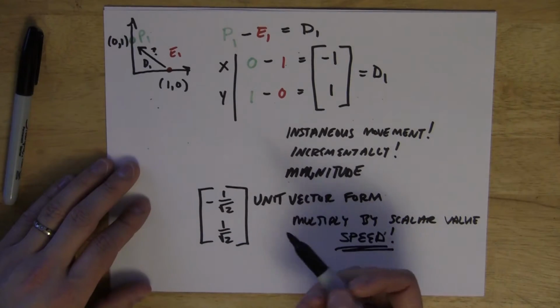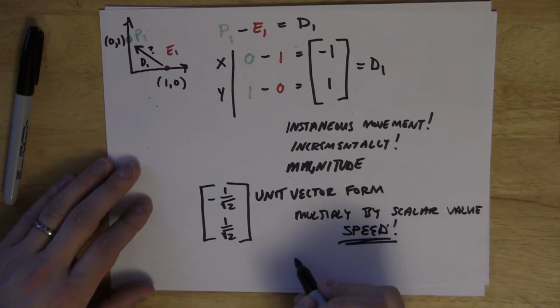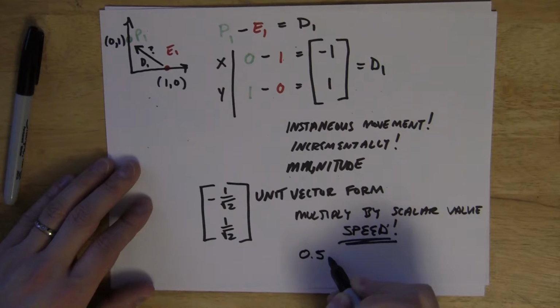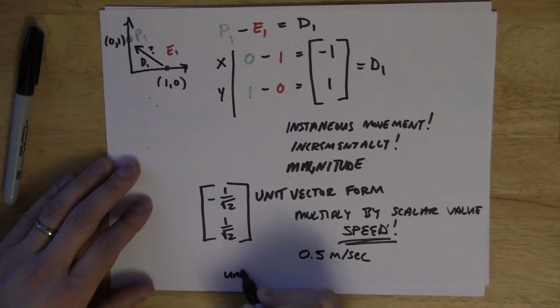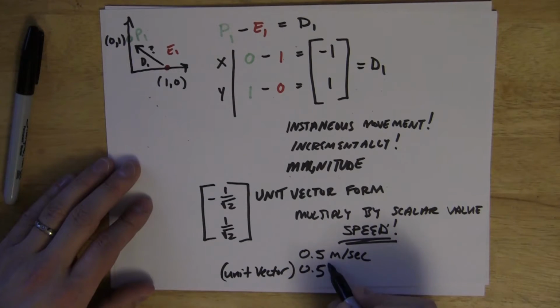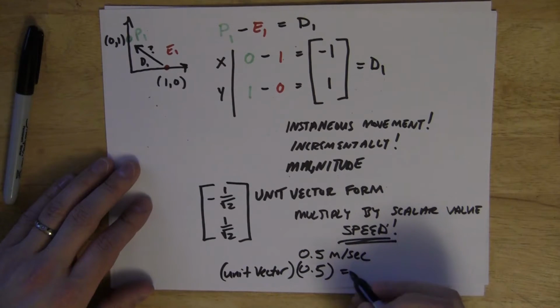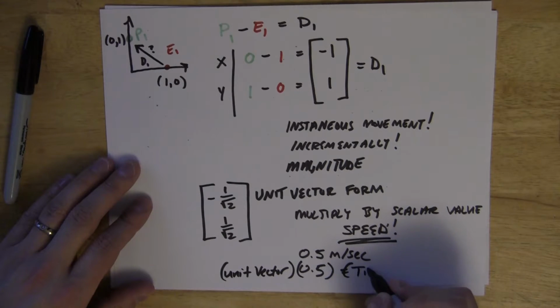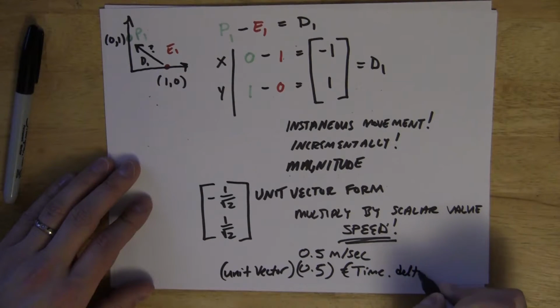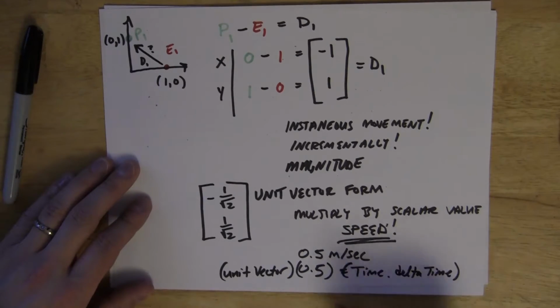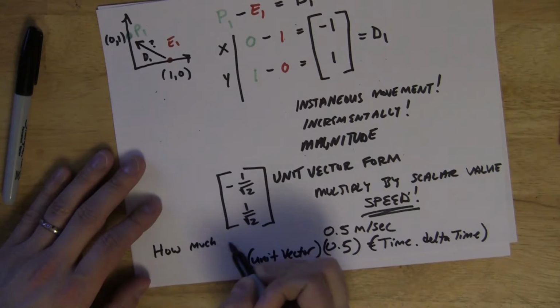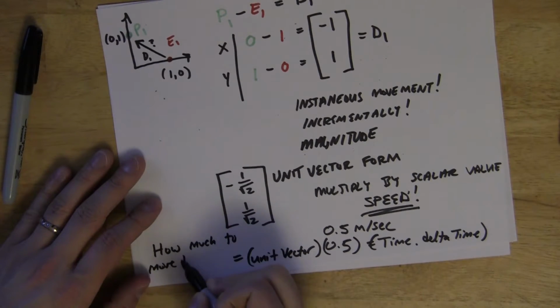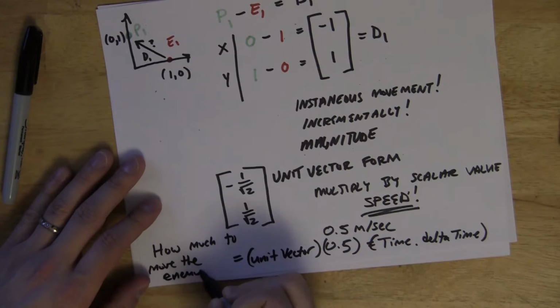All right, so our enemy has a speed, right? Let's just say he moves 0.5 meters per second. If we take the unit vector and multiply that by this scalar 0.5, and then of course we also have to multiply this by time dot delta time in Unity, which is the amount of time that's passed since our last update, we end up with the answer of how much to move the enemy.